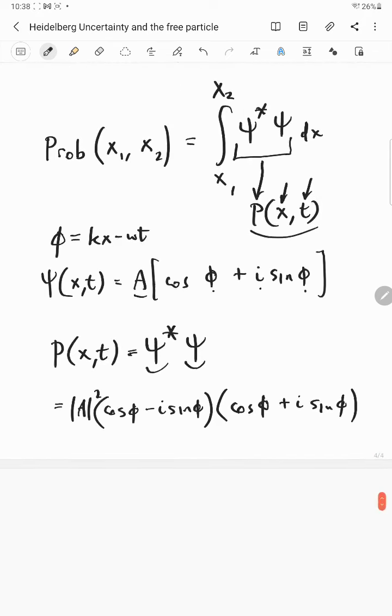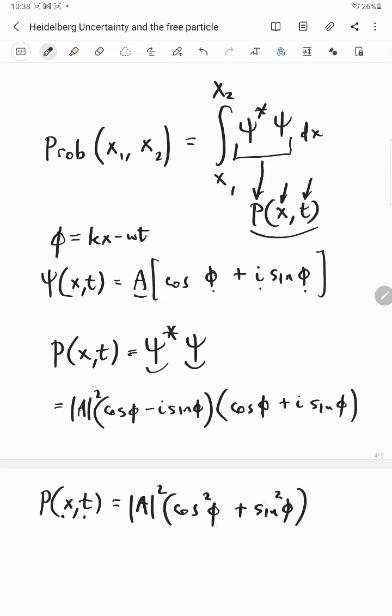The reason why this is interesting is if I look at this probability density as a function of space and time, it's just equal to a squared, and then it'll be cosine squared phi plus sine squared phi. But the phase angle is common in these two terms, the cosine squared and the sine squared.